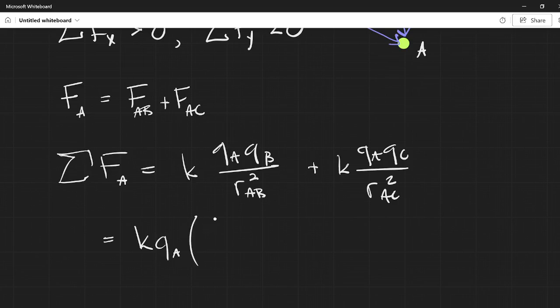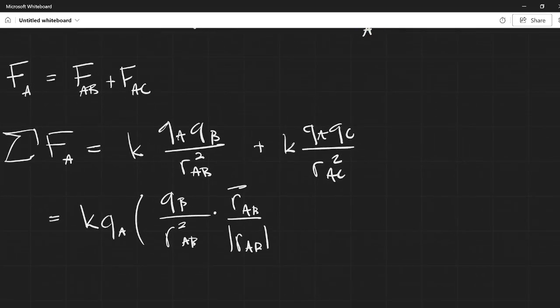And then that just leaves us with this expression, QB over R squared AB. Now we have to multiply by the unit vector, which is given by the position vector RAB, which we'll find in a second, divided by the magnitude of RAB, which we will also find here once we write this entire equation out.